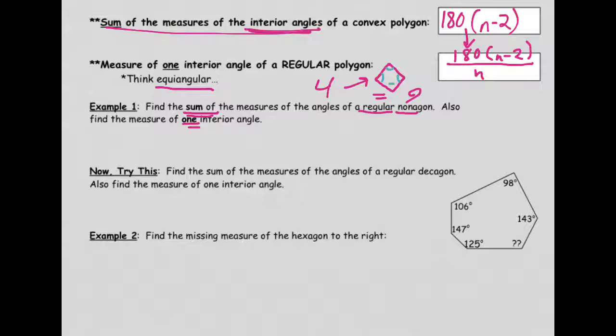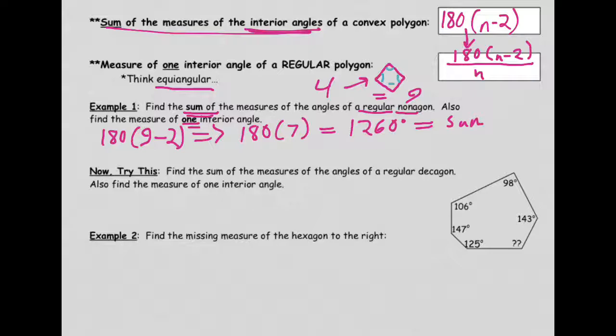Okay. So first, 180 times, well, we said it was 9 sides, minus 2. So remember how we got that. We just got that from here: 180 times n minus 2 equals 180 times 7. And what is 180 times 7? 1,260 degrees. Okay, so that is the sum of the measures of all angles.